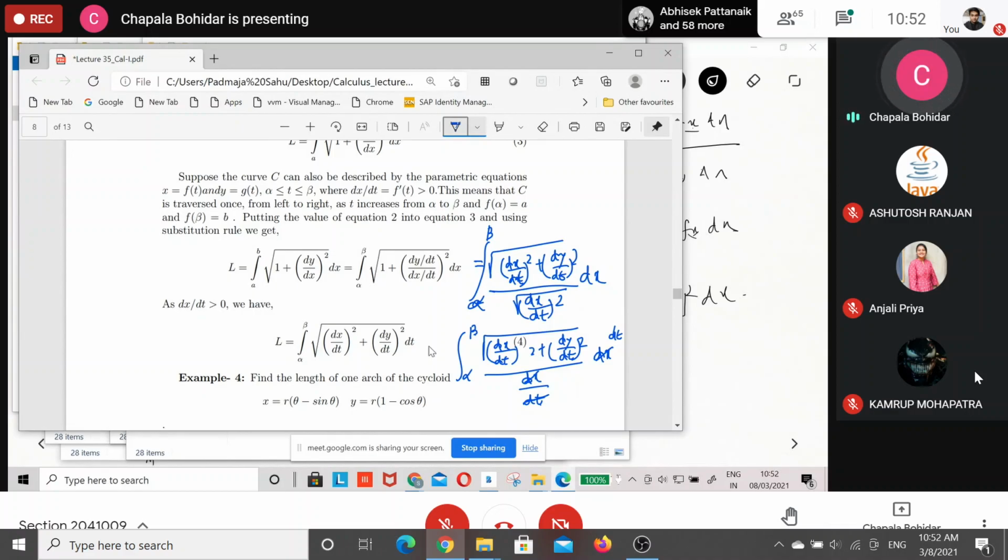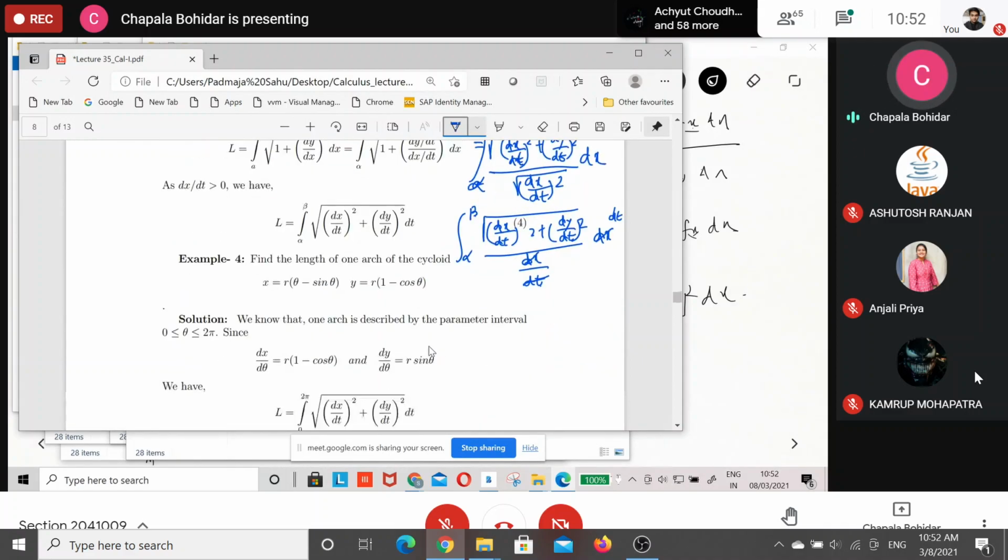So find the length of the arc of the cycloid, that is here again. x is equal to r(theta minus sin theta), y is equal to r(1 minus cos theta). Parametric interval 0 to 2 pi.